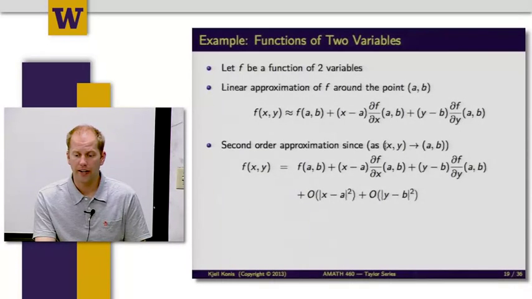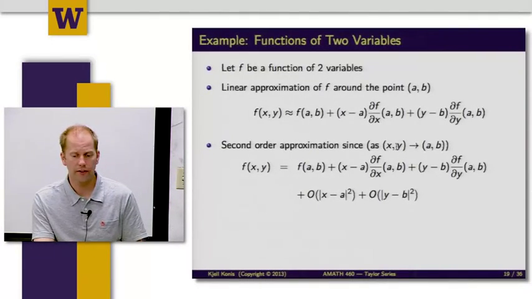And then what I'm going to end up with, when I look at the convergence properties here, it has quadratic convergence properties. So as x is getting closer to a and y is getting closer to b, the error term is big O of (x minus a) squared and big O of (y minus b) squared.